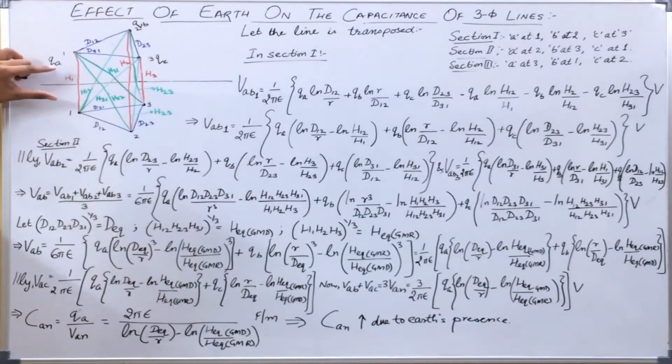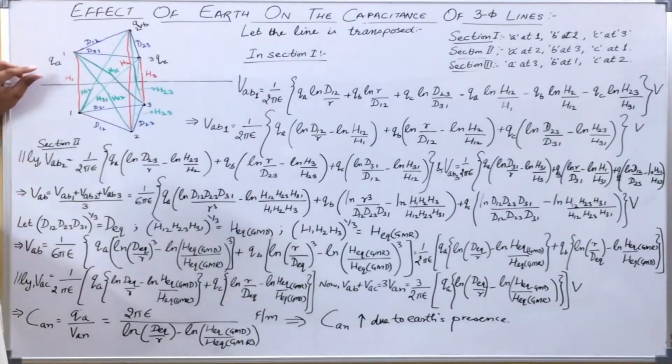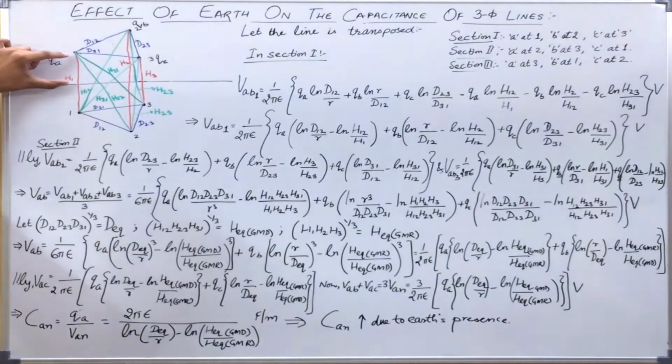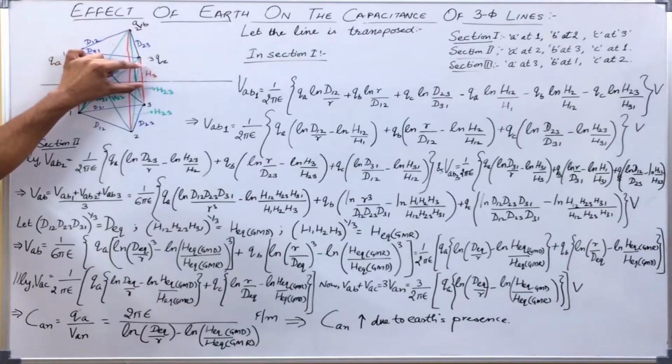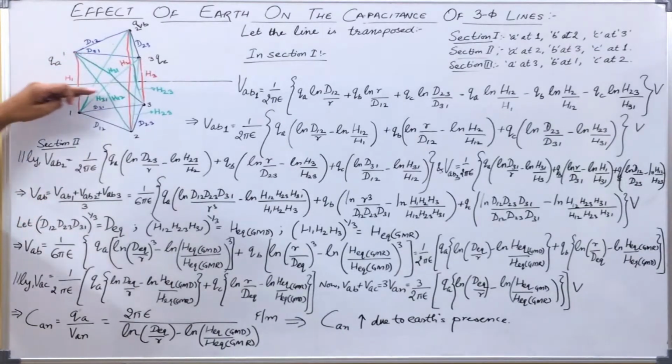Now let us say these are present at a height h1 by 2, h2 by 2 and h3 by 2, and this is the earth.